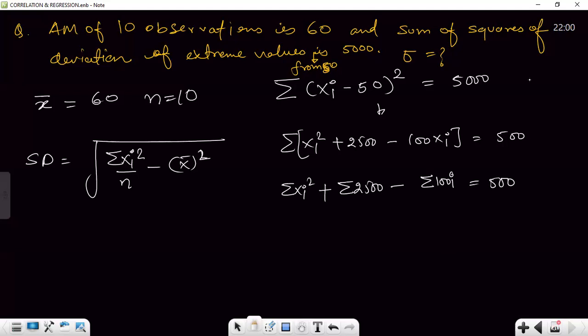Now, please recall sigma's function. Sigma from i equals 1 to n is adding the term n times. So sigma xi square is what we need to find out, and we won't touch it.